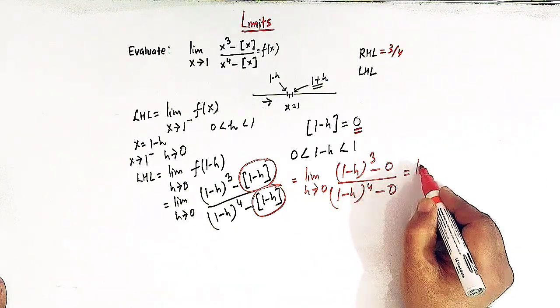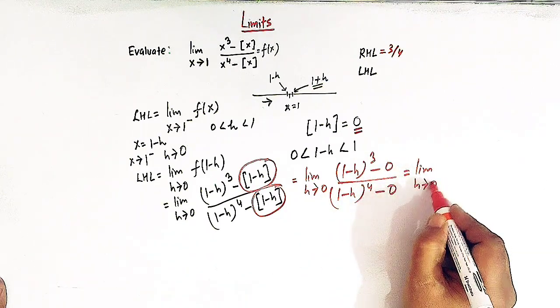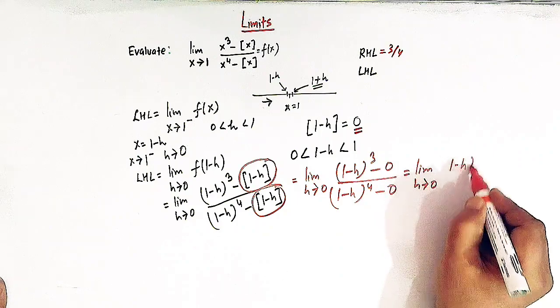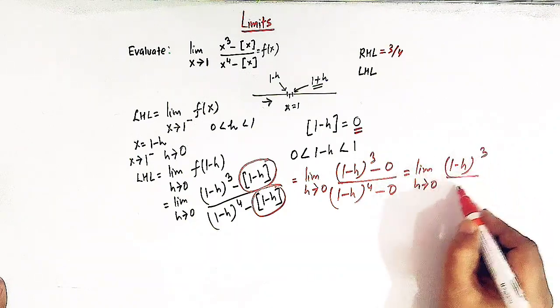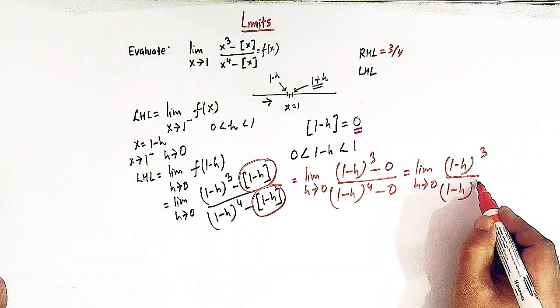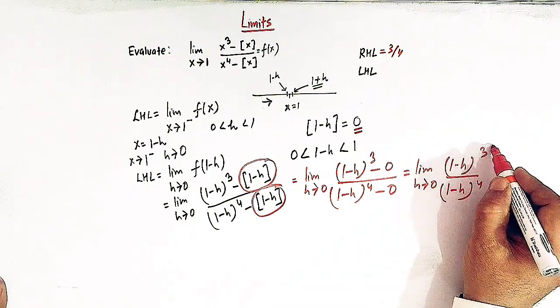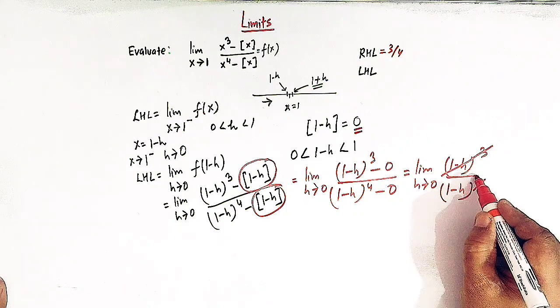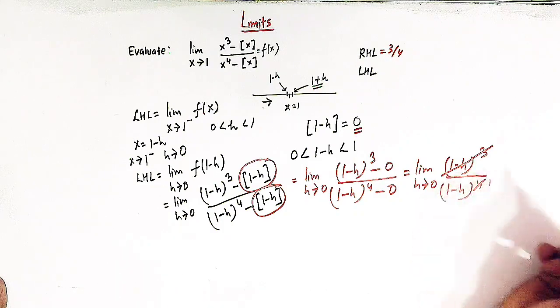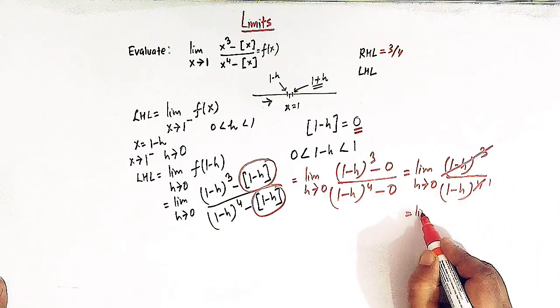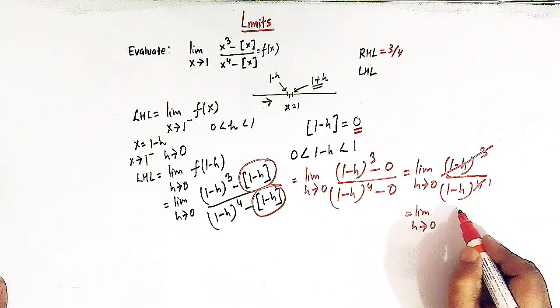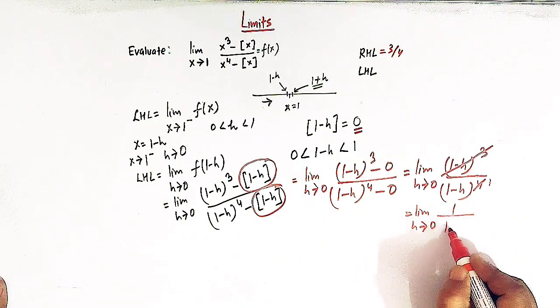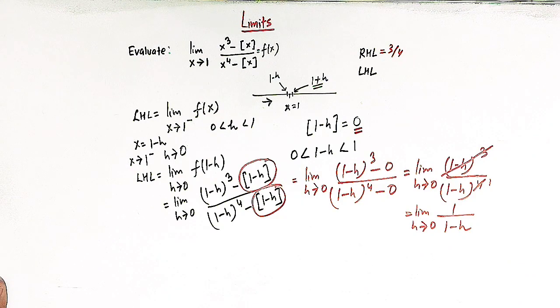So now we have simply limit h tends to 0 of (1 minus h)^3 divided by (1 minus h)^4. So this quantity gets cancelled with this one, and here we are with only power 1. So this is limit h tends to 0 of 1 over 1 minus h, right?